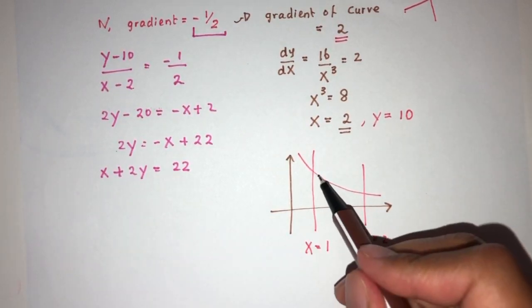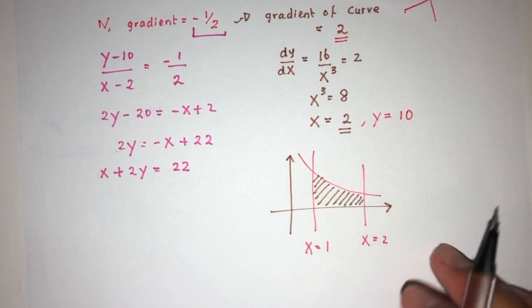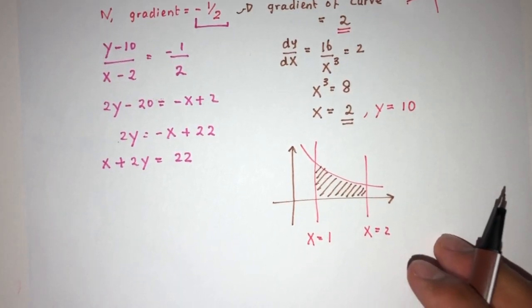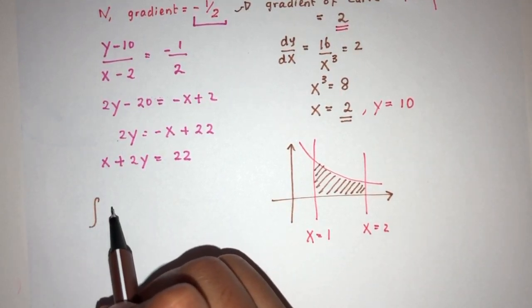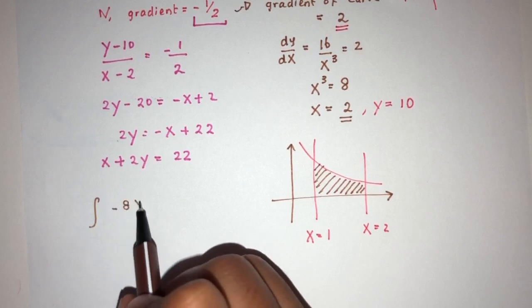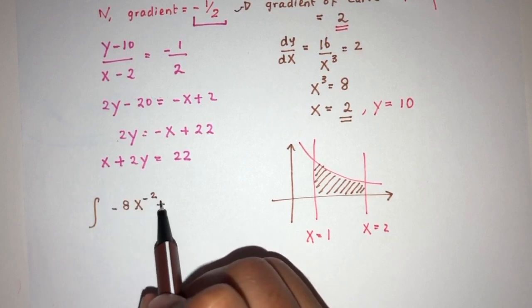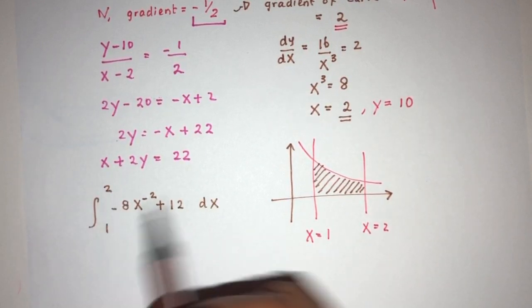So we have to find the area under the curve. Okay, so to find this area, obviously we have to use integration. The integration of y is minus 8 over x squared plus 12, with respect to dx, and the limits will be 2 and 1.